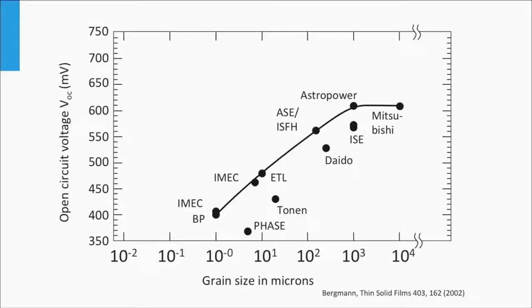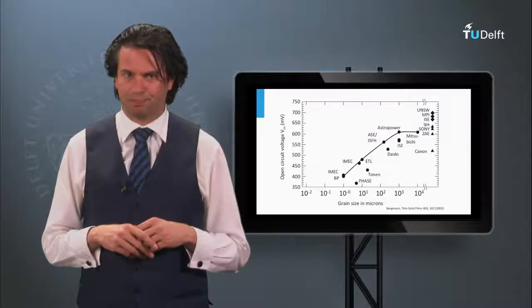The larger the grain size, the longer the charge carrier lifetimes, and the larger the bandgap utilization, and the larger the open circuit voltage will be. On the right you see now the open circuit voltages of various solar cells based on monocrystalline silicon wafers. As monocrystalline silicon has no grain boundary, much larger open circuit voltages can be obtained.